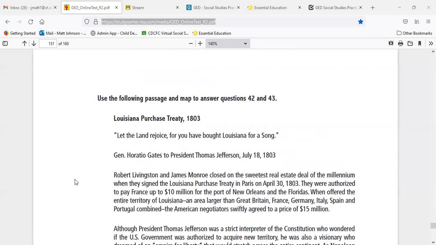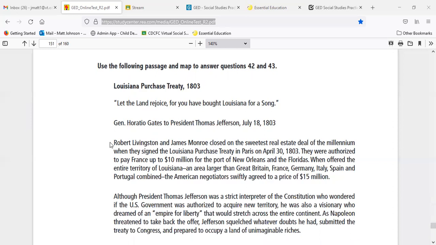All right, 42 and 43. And we have a little bit here on the Louisiana Purchase Treaty. Aha. So 1803, let the land rejoice, for you have bought Louisiana for a song. And we have a letter here, General Horatio Gates to President Thomas Jefferson, July 18th, 1803.